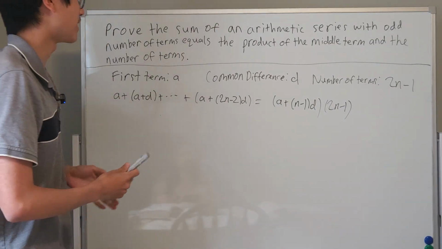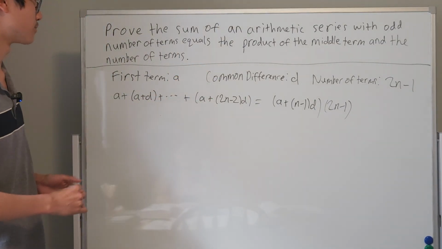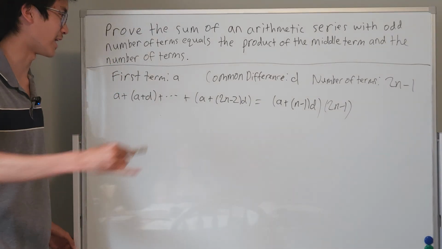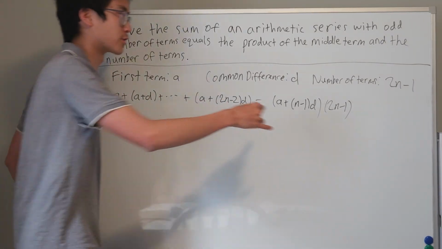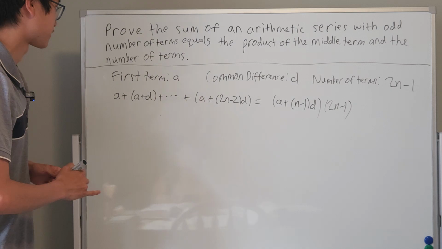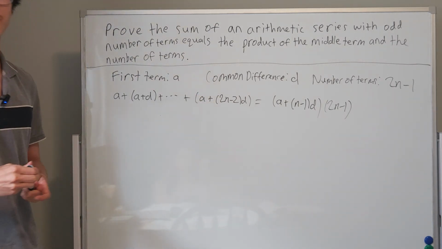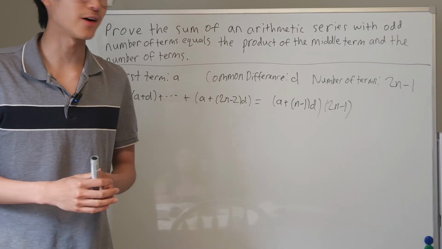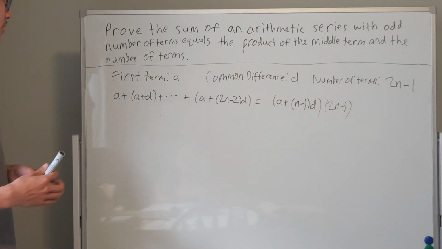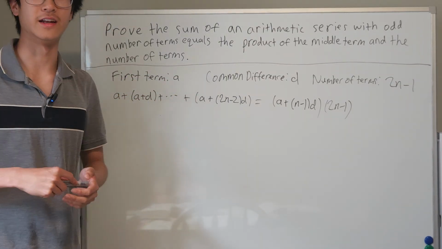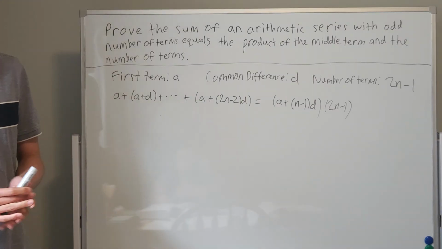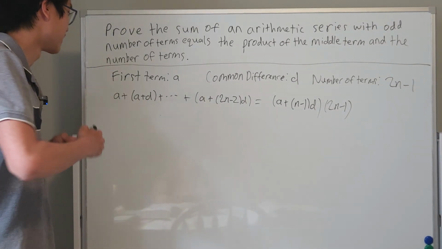If we want to prove that these are equal, we have to show that the left side equals the right side. This side is hard to deal with, so you may ask yourself, how can I simplify that? Well, this is our arithmetic series, and it may remind you of Gauss's formula.